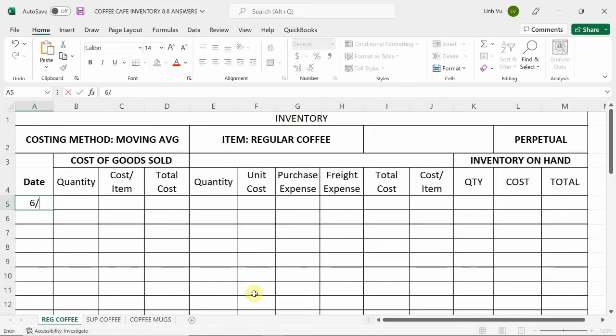So in this case, today is the 12th. We purchased a total of 125 pounds.